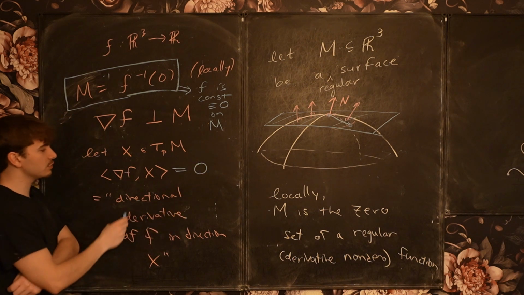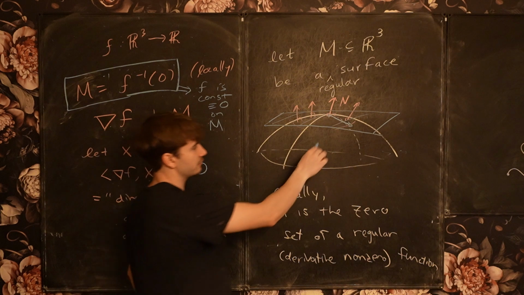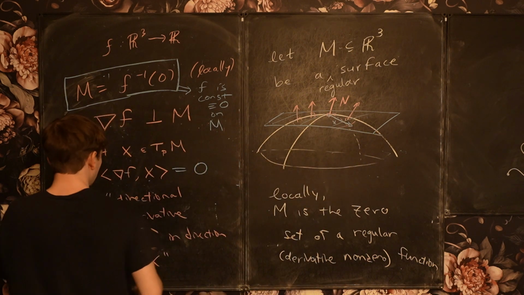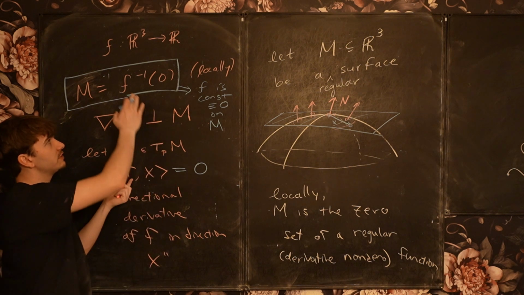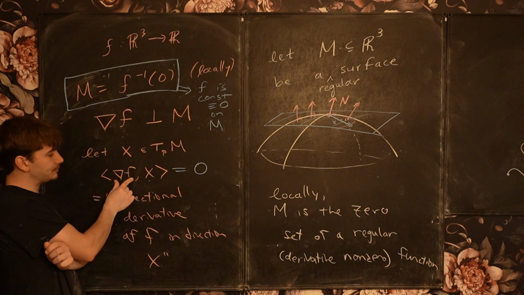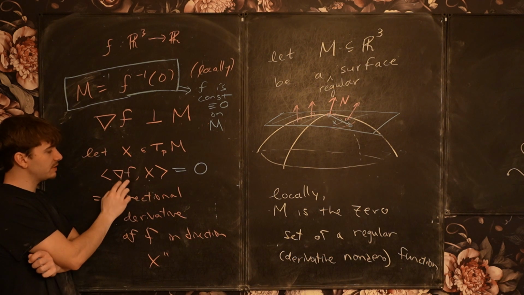Okay, so what this tells me is that every vector in the tangent plane to this surface is orthogonal to the gradient of f, by definition of the surface M, because f is constant along M, and so the directional derivative of f in the direction x is 0. This tells me two things.